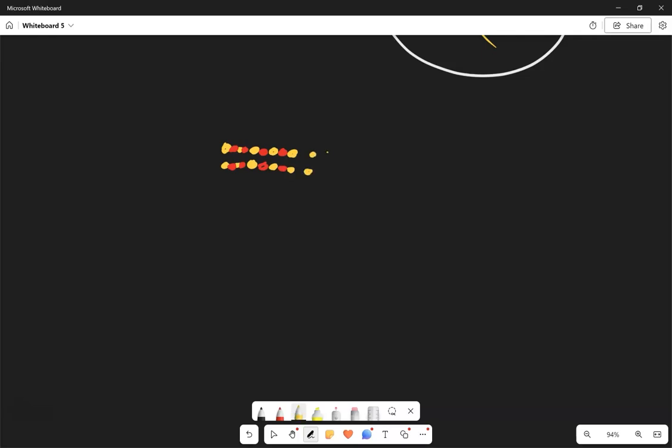And we're going to speed up the process a little bit here. Like so. Here's our microtubule.